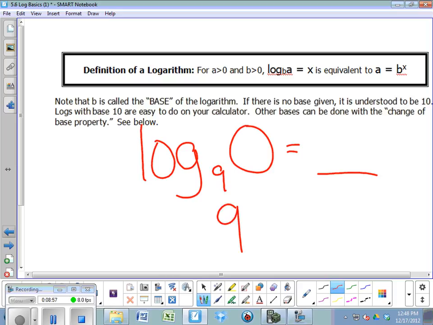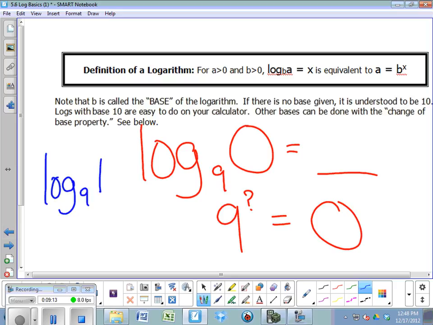It's 9 to the what makes 0. It's incorrect. I mean, 9 to the 0 is 1. You're right. So could we do this problem if it looked like this? Yes. The log of 1 base 9 is 0 because 9 to the 0 is 1.